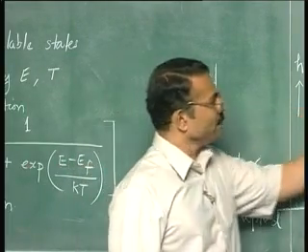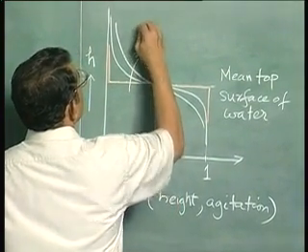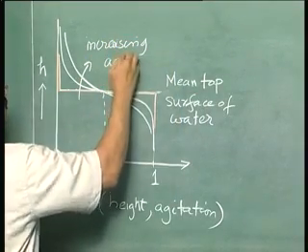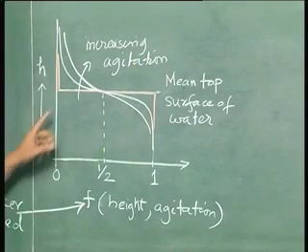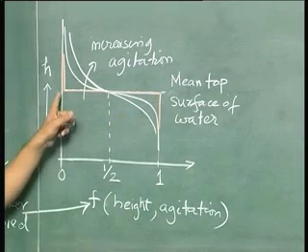Then in fact you will have a picture something like this, where this is increasing agitation. Your plot would look something like this. So, this is for 0 agitation, the red line is for 0 agitation.